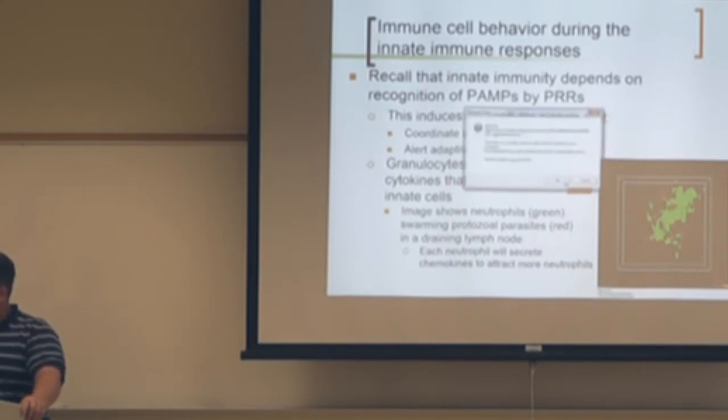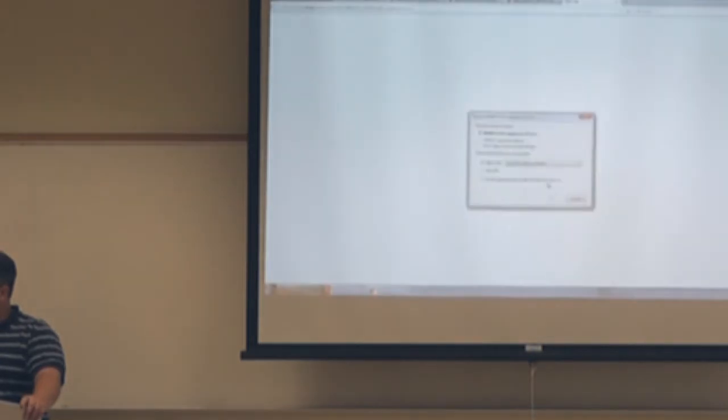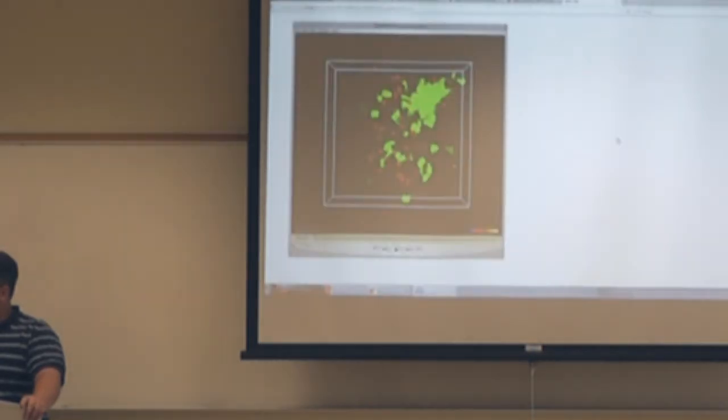In this case, we see the neutrophils, which are green, and we see these swarming protozoal parasites, which are red, and hopefully we can watch this interaction. These neutrophils are not antigen specific.